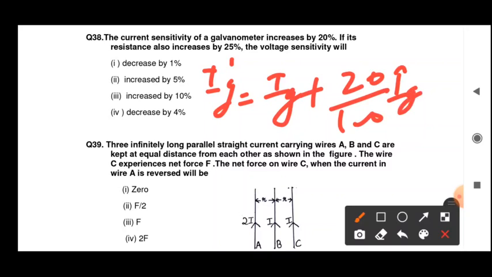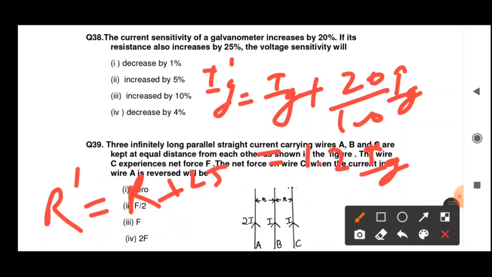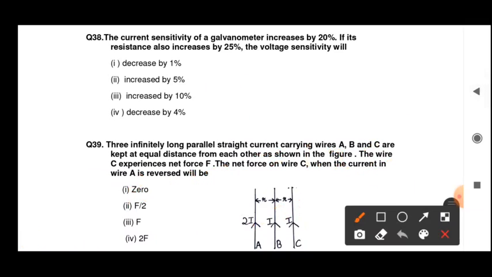So now our current will become, if you solve, 1.2 into Ig. This is the value of current now. Next, the resistance is also increased by 25%, so 25 into R here, and if you solve this whole, the value of resistance obtained is 1.25 of R. So 1.2 Ig, 1.25 R. Note this down somewhere.